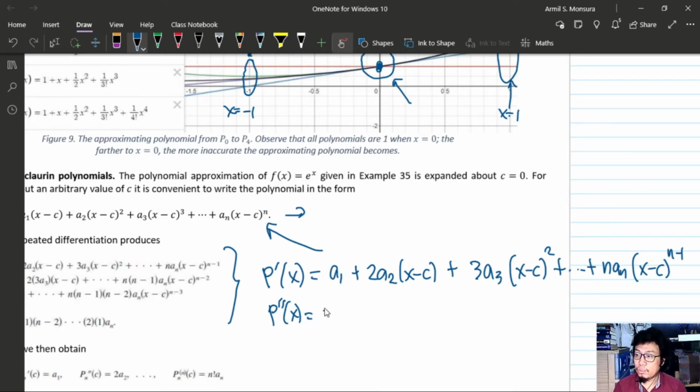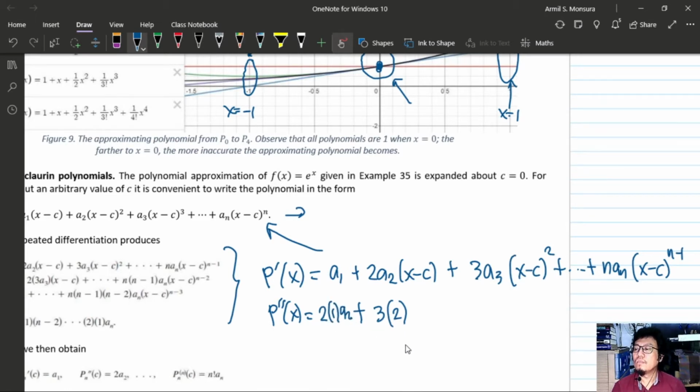Then we will have here 2a, and the derivative of this is 1. Plus, this is 3 times 2. By the way, if you're looking for patterns later on, this is 2 times 1, that's 2 times 1 multiplied to a2.